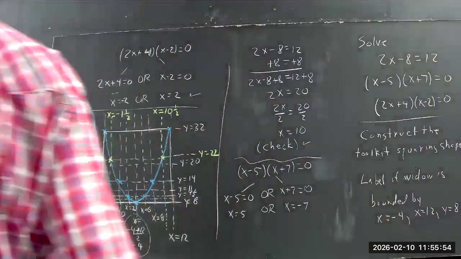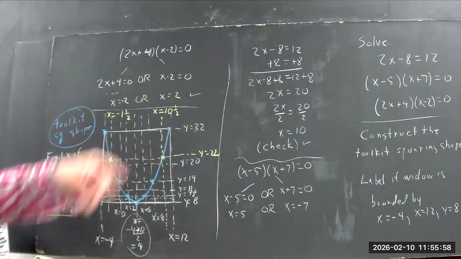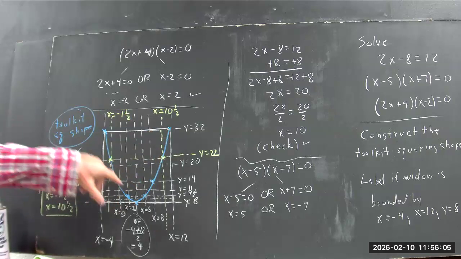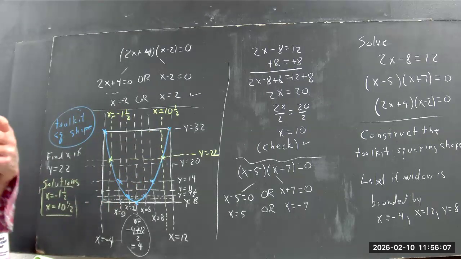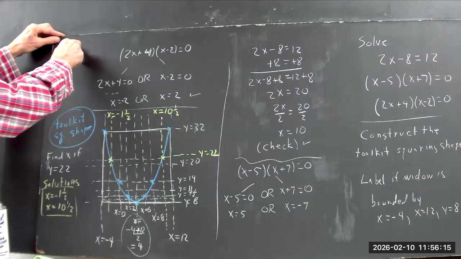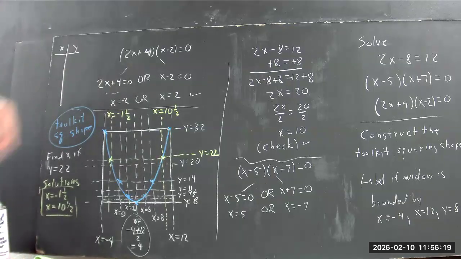Okay, moving on a different thread. Here's our squaring function, right? Or our squaring shape. If we make a table of this shape, what I mean is we make a list of x and y values.